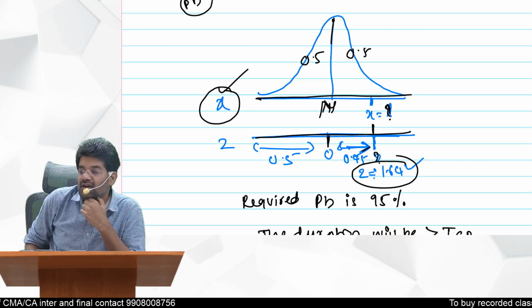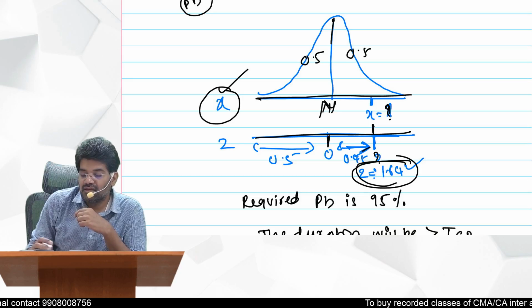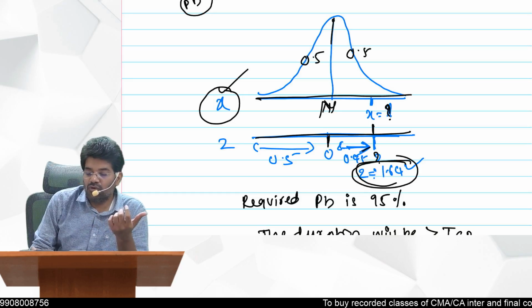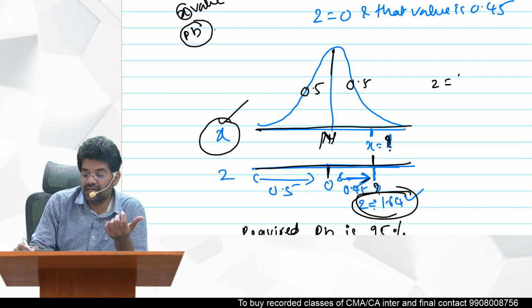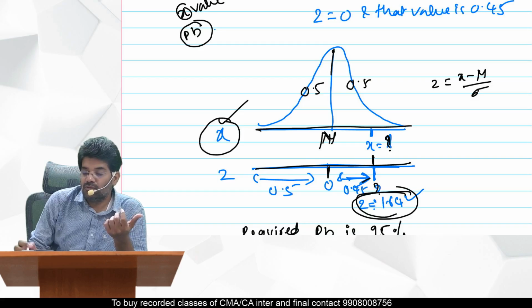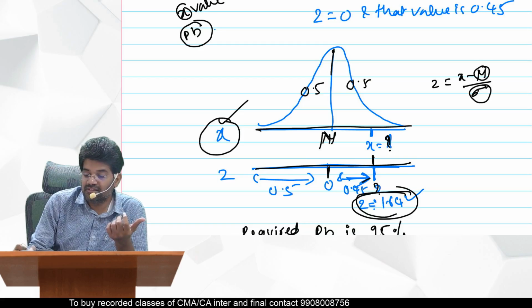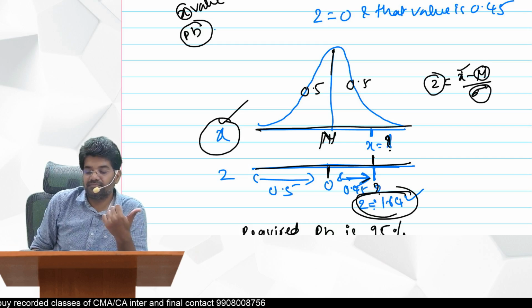Now that we have the z value, go to the z formula: z is equal to x minus mu divided by standard deviation. You know this one and this one, and now the z value also. Now you can easily find the x value, right?